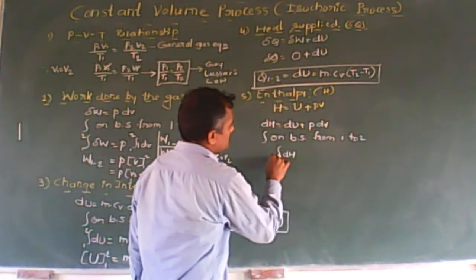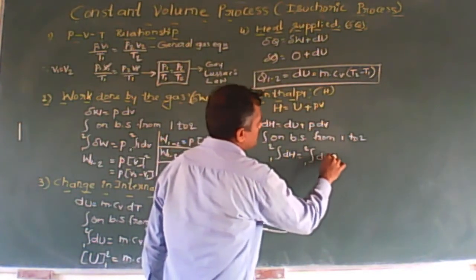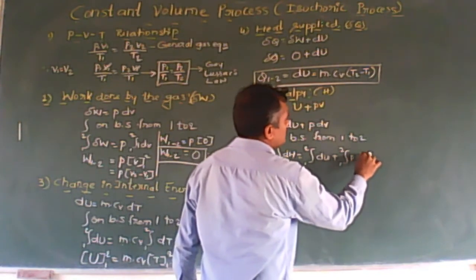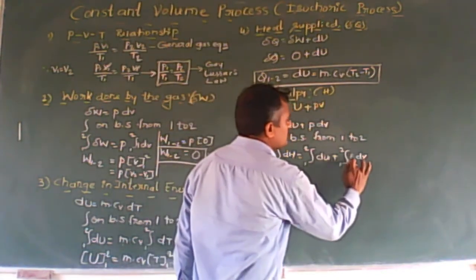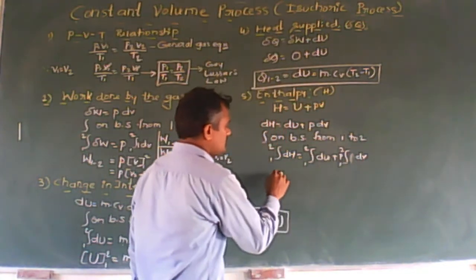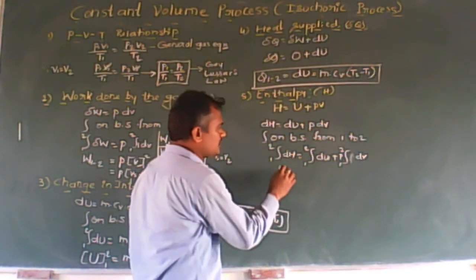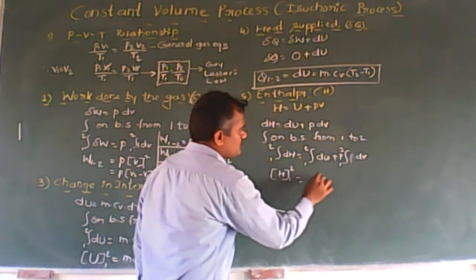Integration of dH from 1 to 2 is equal to integration from 1 to 2 of dU plus integration from 1 to 2 of P into dV. Since P is a constant, I can write it outside.